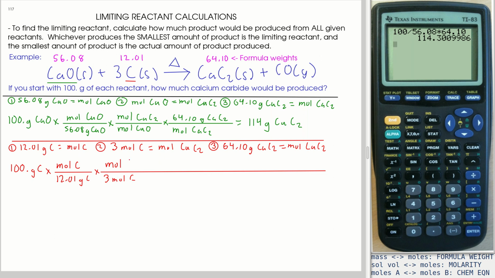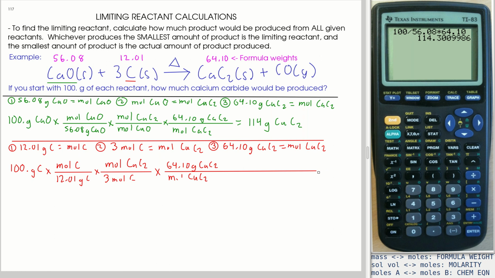It's equivalent to a mole of calcium carbide. That cancels out carbon, leaves me with calcium carbide. For the final step, I'm trying to get rid of moles of calcium carbide, so moles calcium carbide on the bottom, what it's equal to, 64.1 grams of calcium carbide on the top.